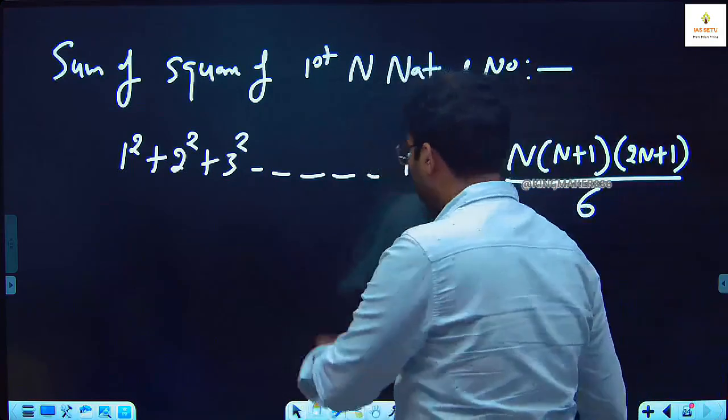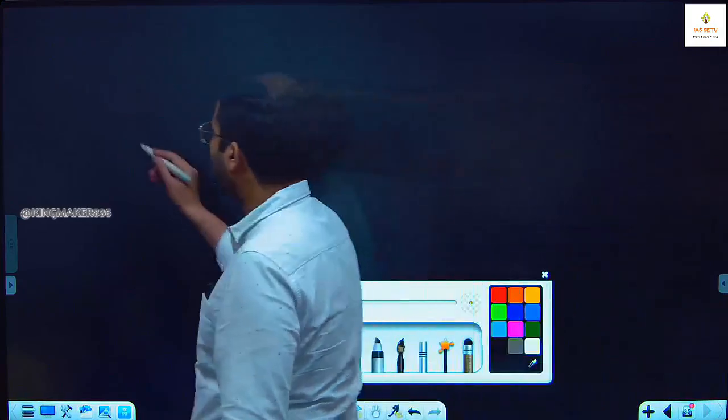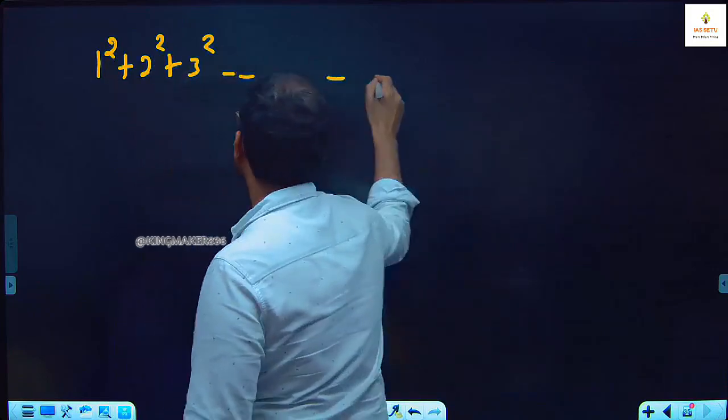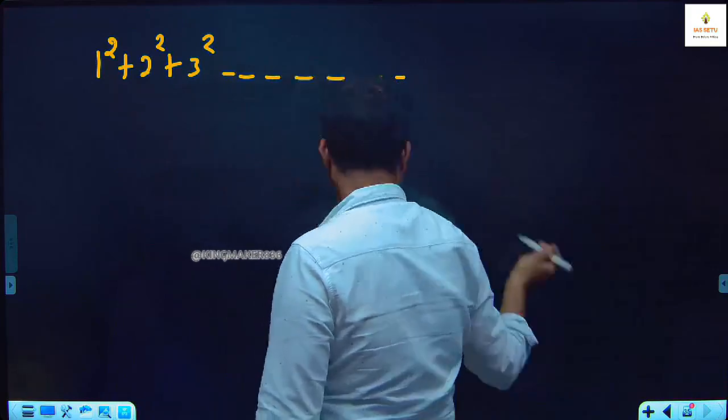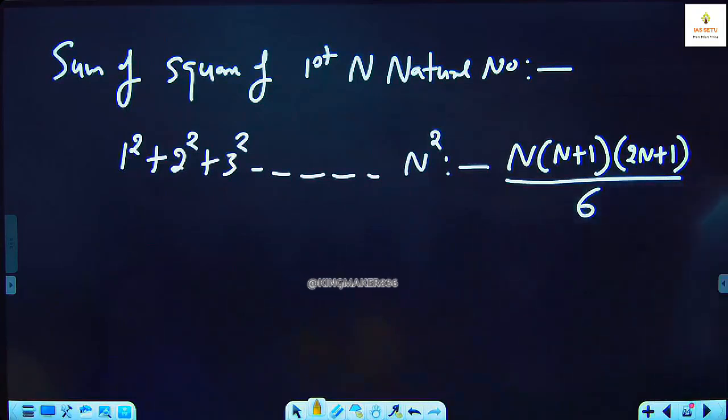I ask you two questions so that you can practice this. Or I take just one question. 1 square plus 2 square plus 3 square up to 10 square. Take your time. Done. Formula is n into n plus 1 into 2n plus 1 divided by 6.